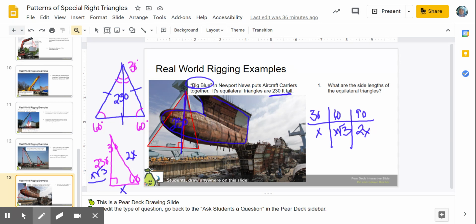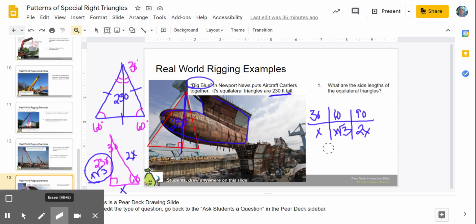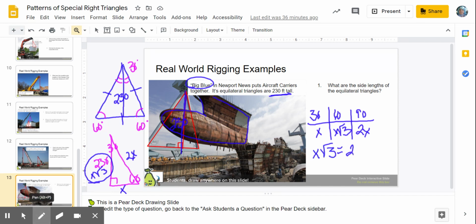This is where I have two pieces of information. Just like with trig, that's where you start. If you have two pieces of information, that's your equation. So if I come over here where I have just a little bit more room, I can do x times the square root of 3 equals 230. How do I solve that equation?